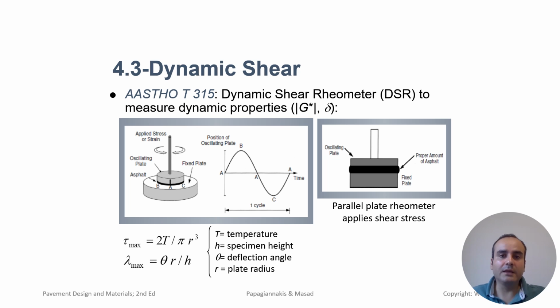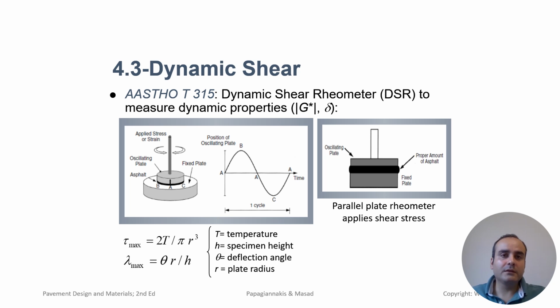Phase angle indicates the balance between the elastic recoverable part and viscous non-recoverable part of the deformation. A lower phase angle means the material is more elastic, while a higher phase angle means it is more viscous.